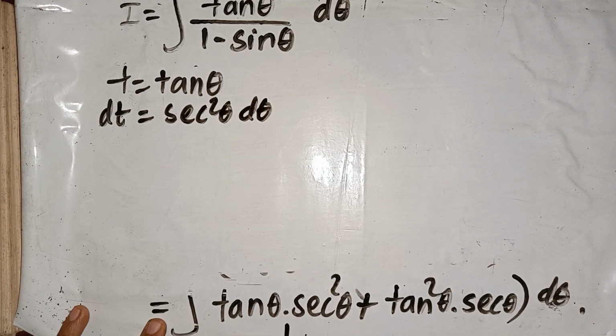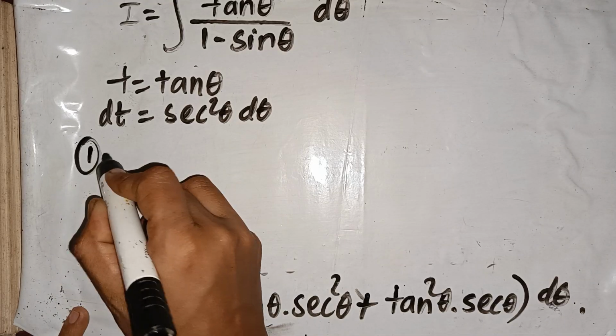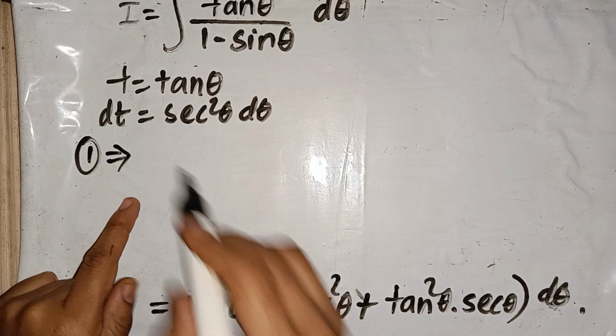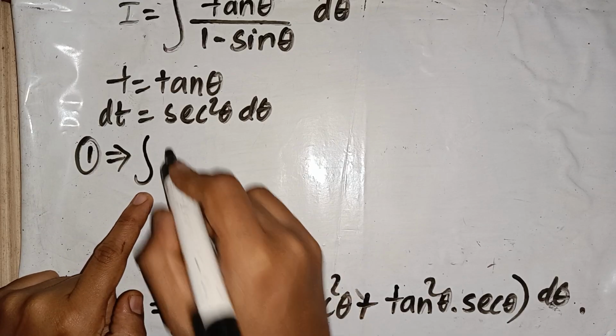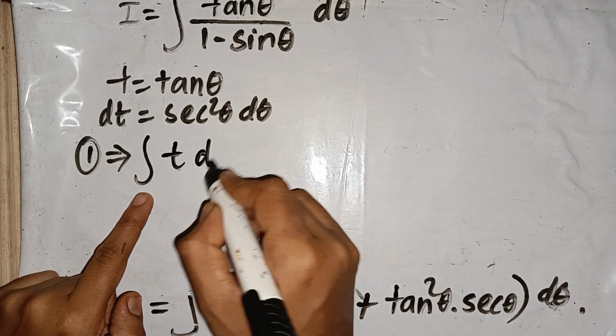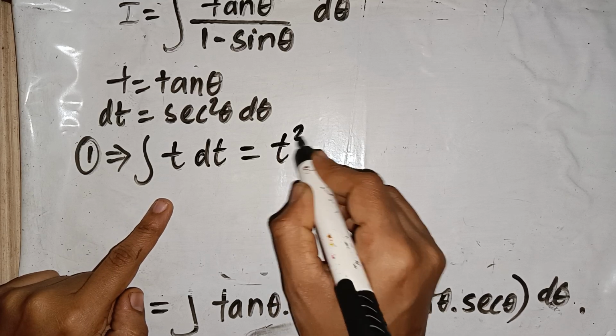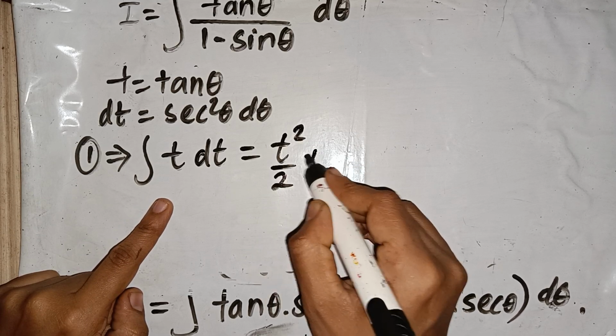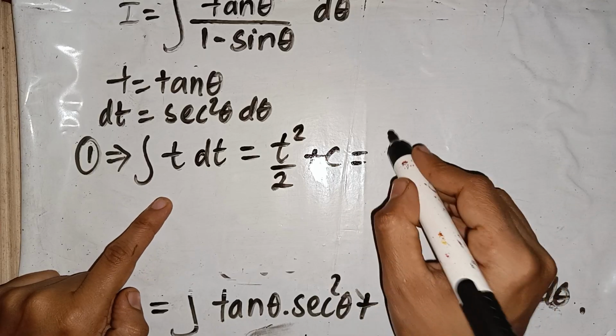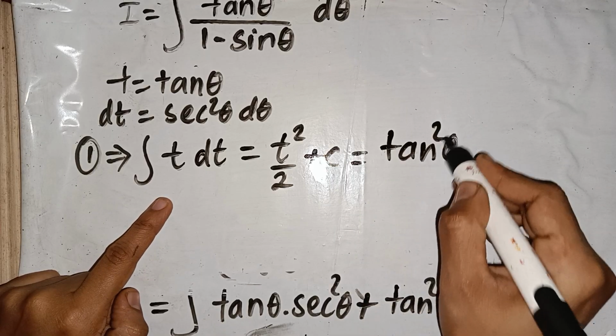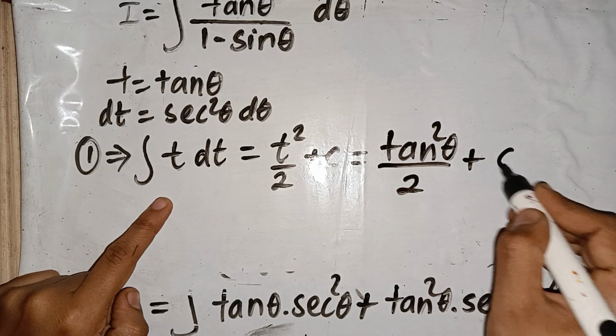Okay, so I'll write this as 1, so the integral of t dt is t square by 2 plus c. That is tan square theta by 2 plus c.